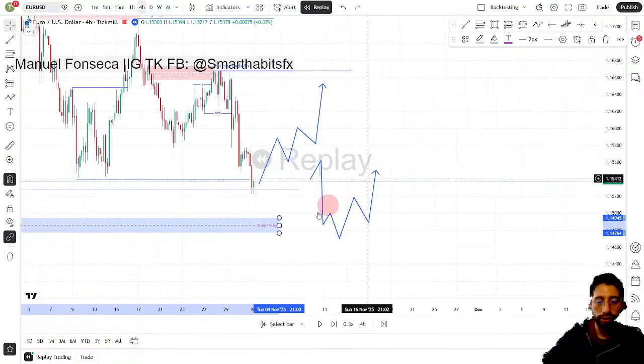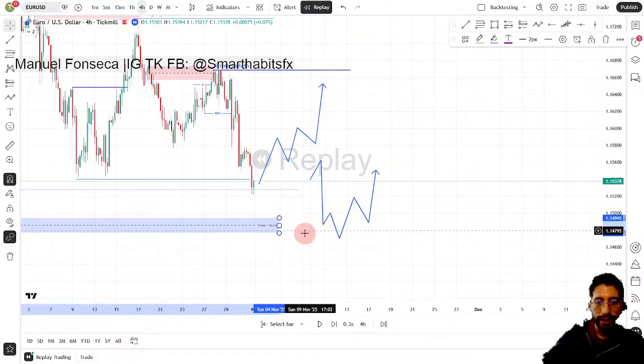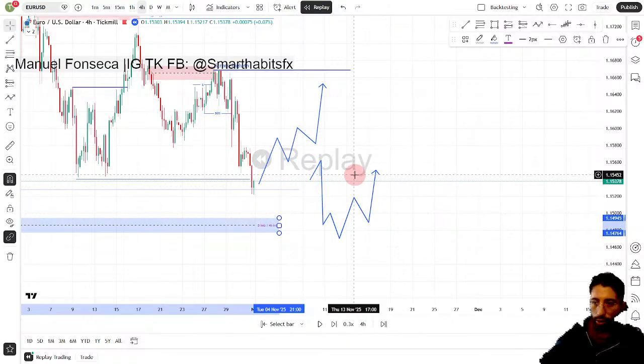Also, because this end of the range is aligned with this imbalance and order block on the daily, that will determine a really high probability of retracement on the daily time frame. So now we're putting together the two time frames, the daily and the 4-hour. With those confirmations, you can spot a real and clear direction of the market, right?